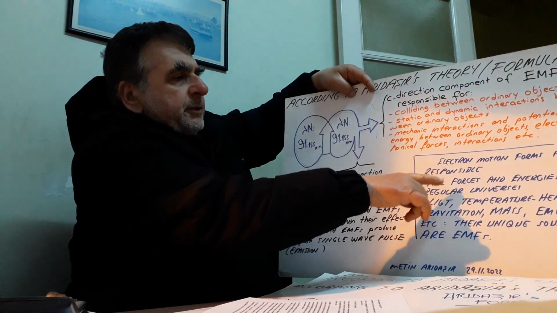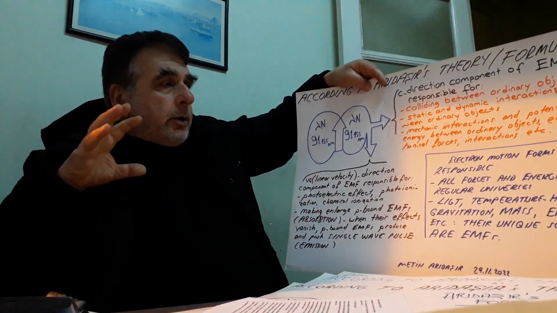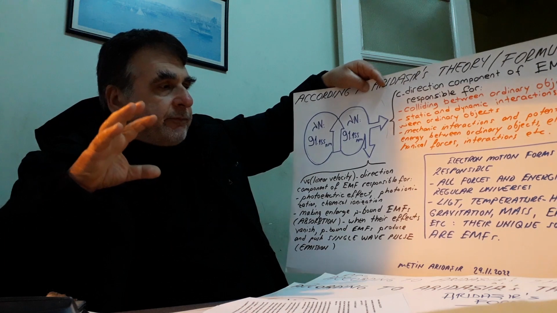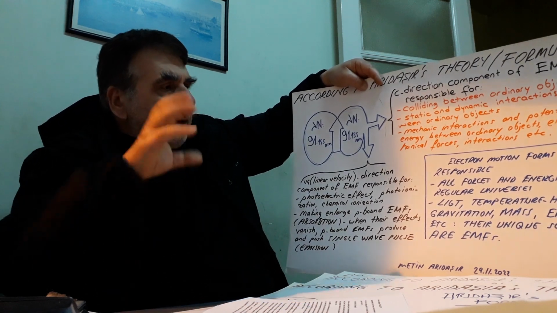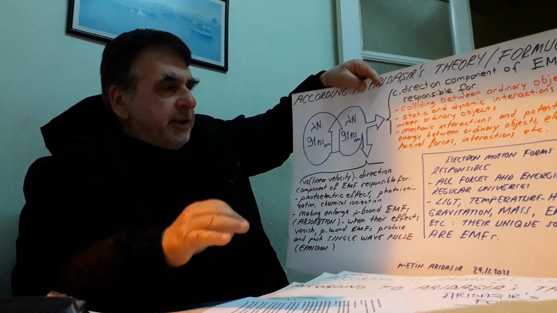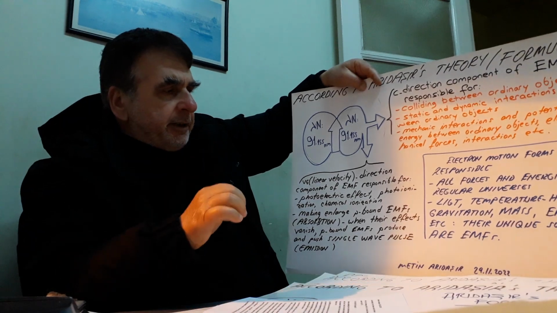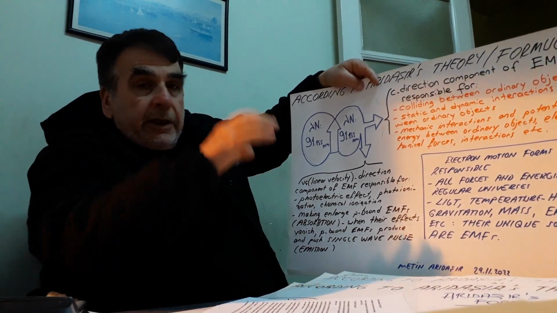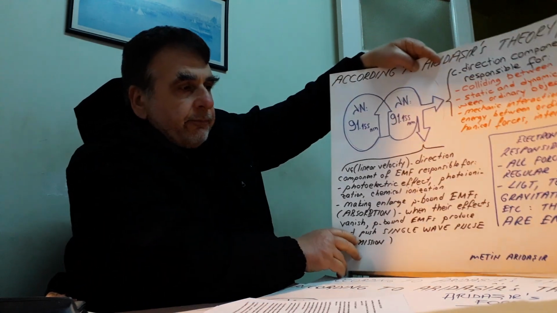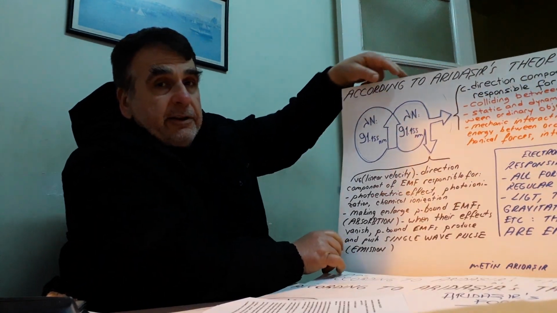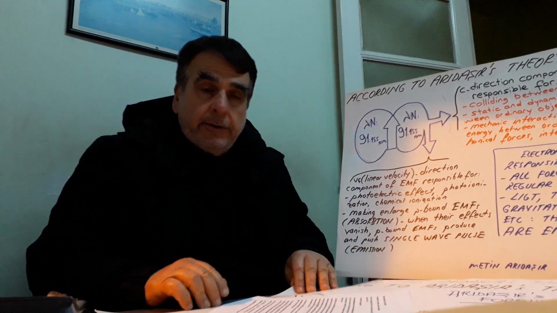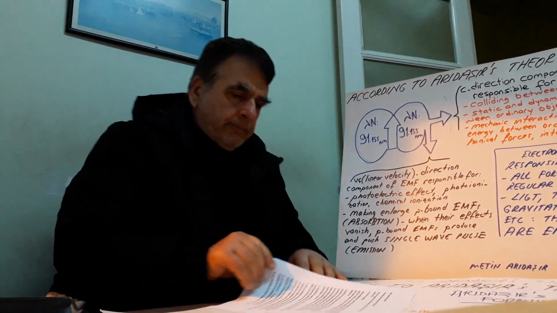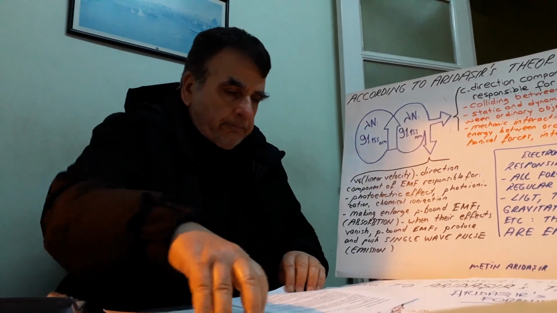Electron motion forms are responsible for all forces and energies of regular universes: light, temperature, heat, gravitation, mass, electromagnetic waves, etc. Their unique sources are electron motion forms. There are no separated fundamental forces. Okay?